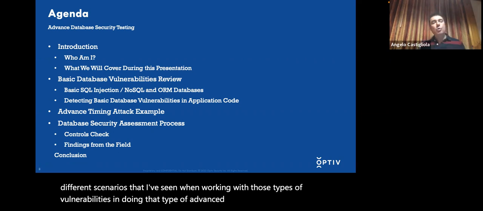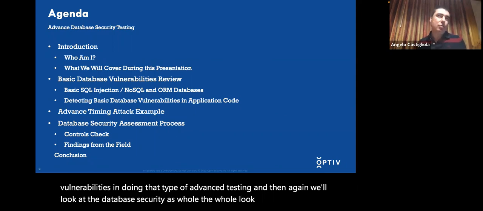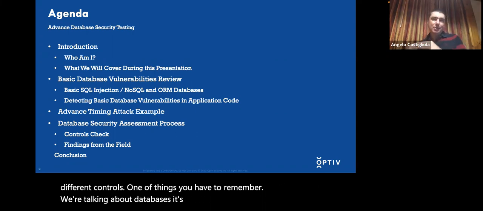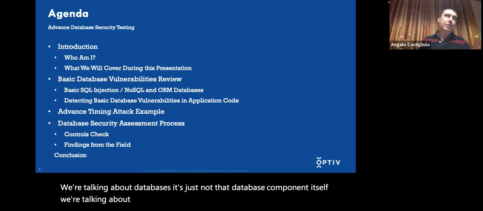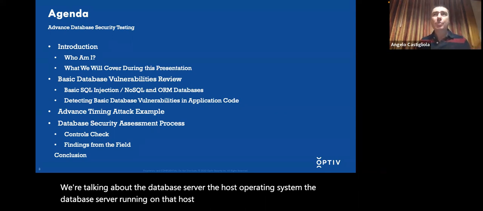Then again, we'll look at database security as a whole, the different controls. One of the things you have to remember when we're talking about databases is that it's not just the database component itself. We're talking about the database server, the host operating system, the database server running on that host operating system, and the database that's there.